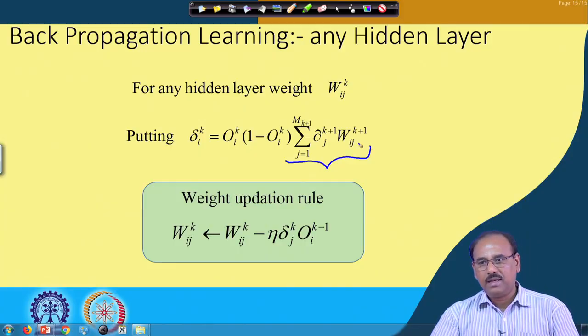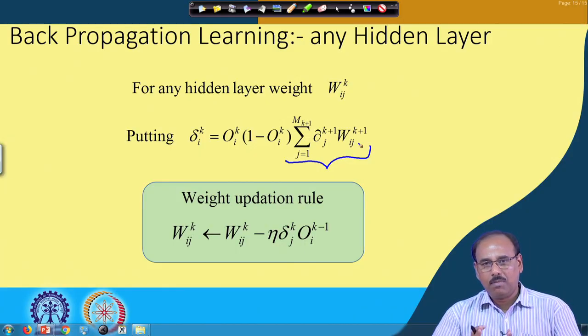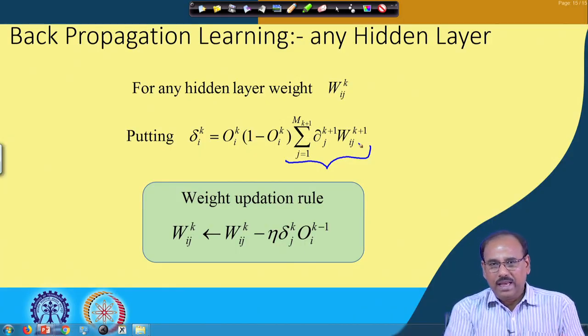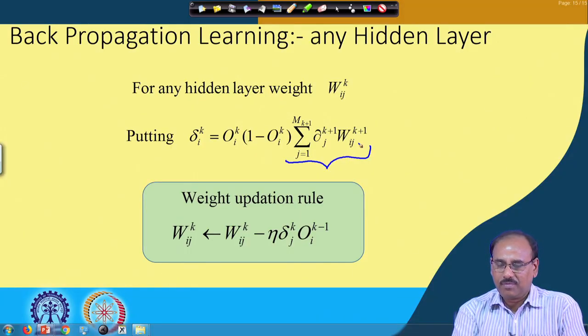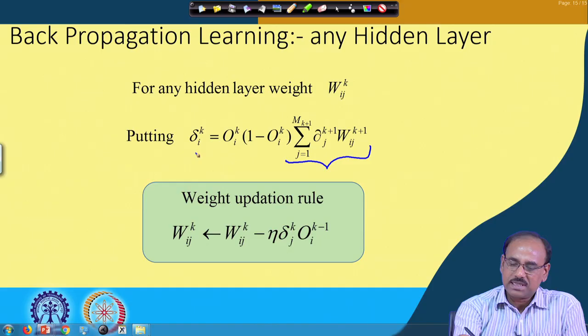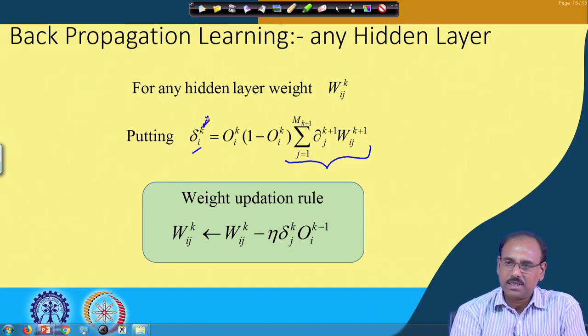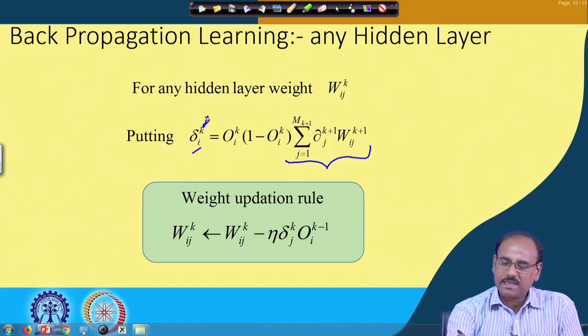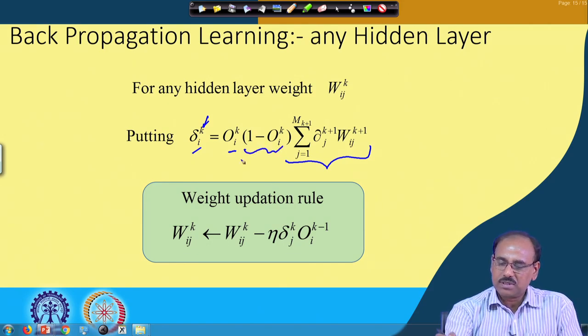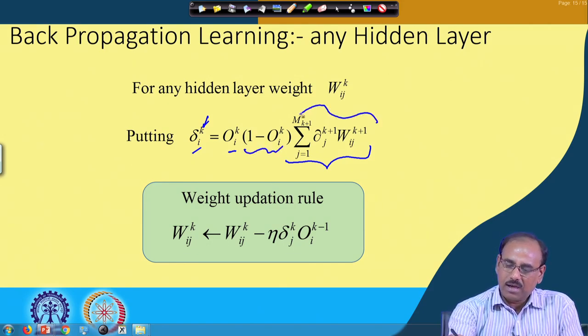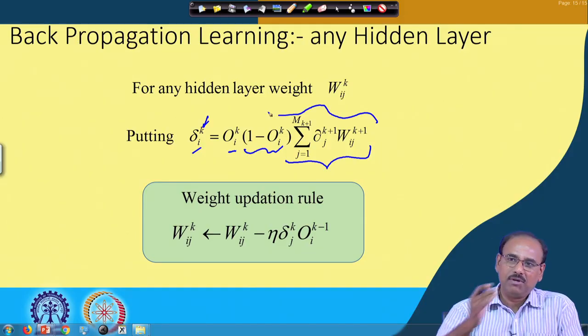As I said, I can generalize this from the output layer to any of the hidden layers. So, I am taking any of the hidden layers, say the kth layer, at which I can put this delta_i^k, where k is lowercase, meaning it is any of the hidden layers, that simply becomes O_i^k into (1 minus O_i^k) into the summation of the contribution of the error term that you are getting from the (k+1)th layer.